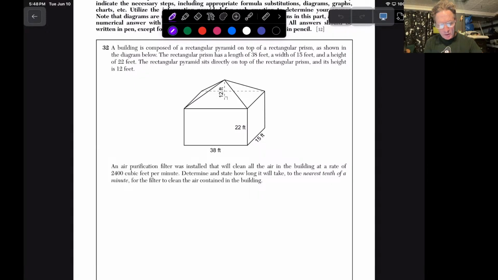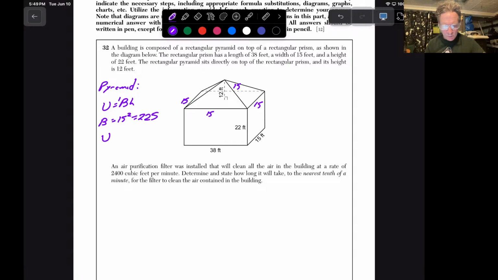This is a square pyramid, and so remember, for a pyramid, volume is area of the base times the height, and in this case, the base is a square where the sides are 15. So the area of the base is 15 squared, which is 225.